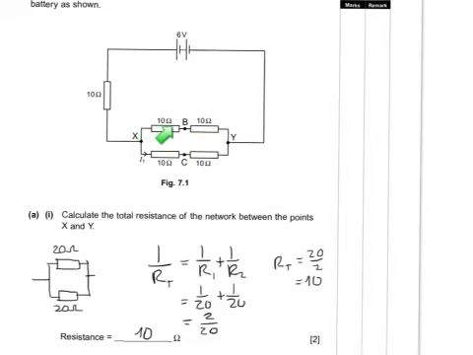The same with if it was to take the top path, if it was to go through here or to go down here, so there's no difference to the path that the current has to take. In fact, there would be no current at all that would go through BC. It would all just go through the top or the bottom branch.